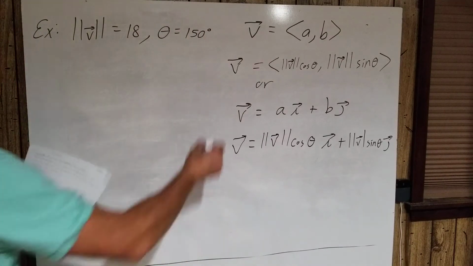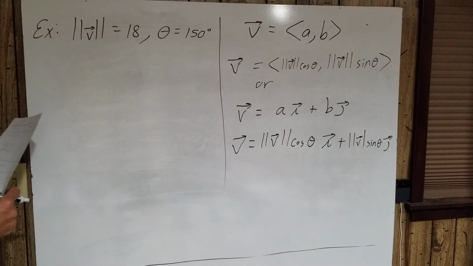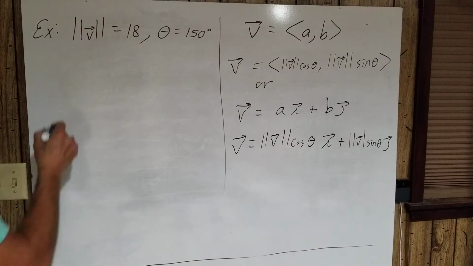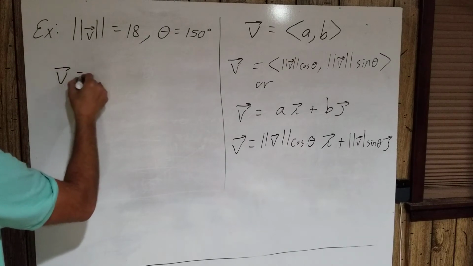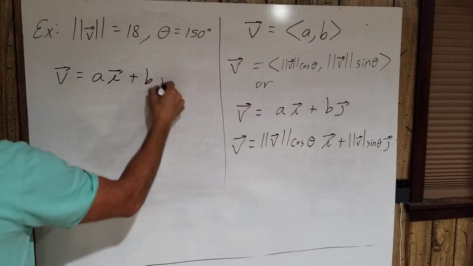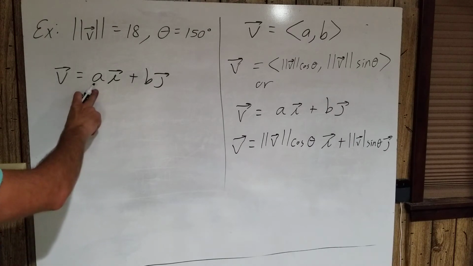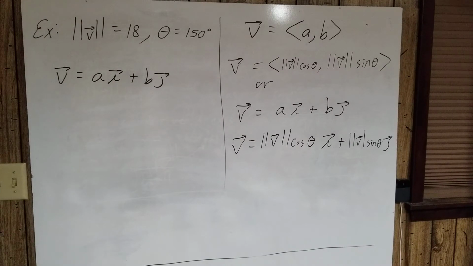They want me to write vector v as a times the vector i plus b times the vector j. So let's find a and let's find b. That's basically what this boils down to.